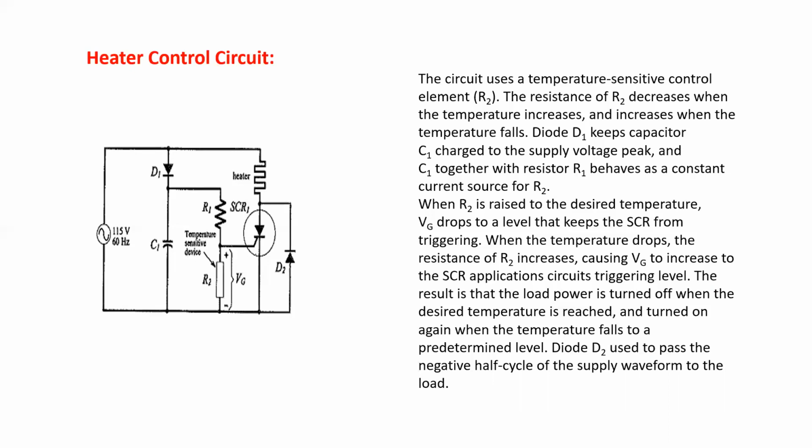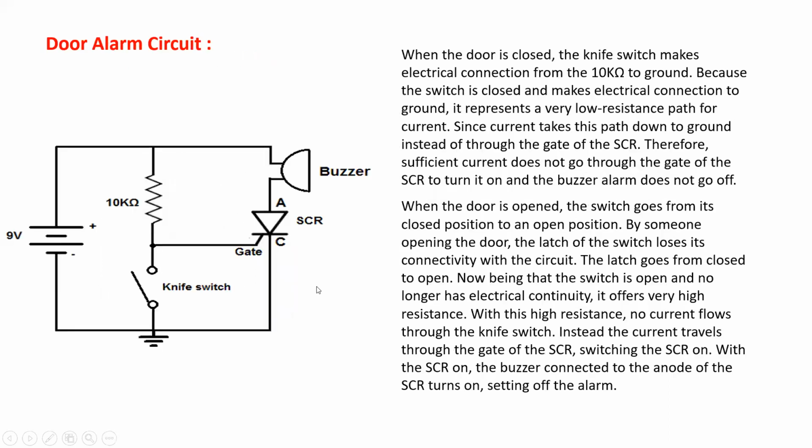Once the SCR receives the gate pulse, the heater comes into conduction. When there is no gate pulse for the SCR, the heater automatically goes to the off state. The diode D2 is used to pass the negative half cycle of the supply waveform to the load. We'll go to the next circuit.